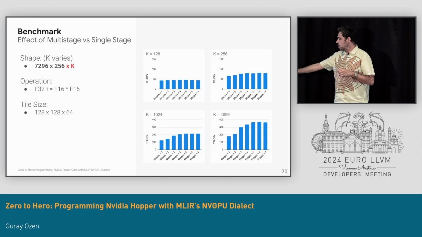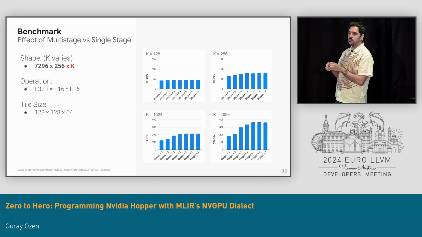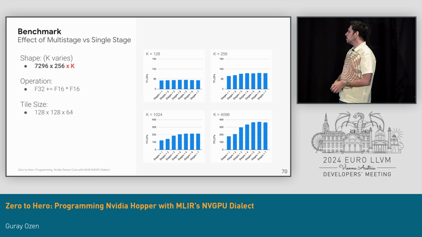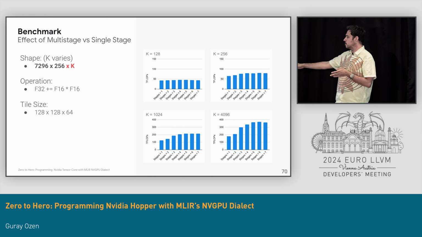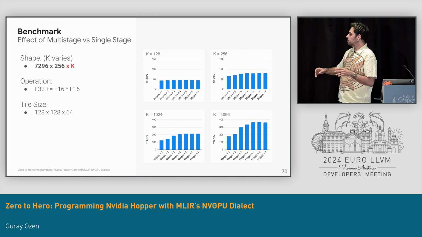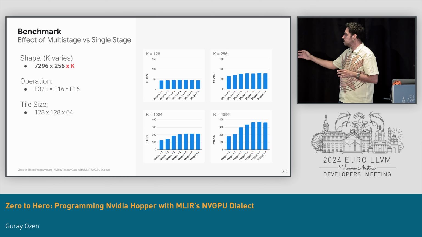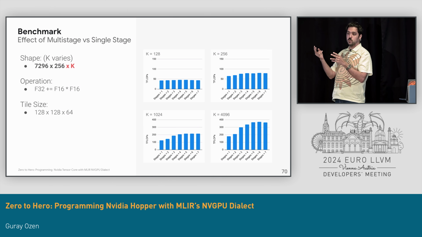And look at the x-axis, we are showing the stages. We have a maximum of 7 stages because that is the limit of the shared memory. If you have one stage, when your K is large, you are getting more or less 180 to 200 teraflops, right? But when you increase the stages to 6 or 5, your performance increases to almost 400 teraflops, which is 2x.